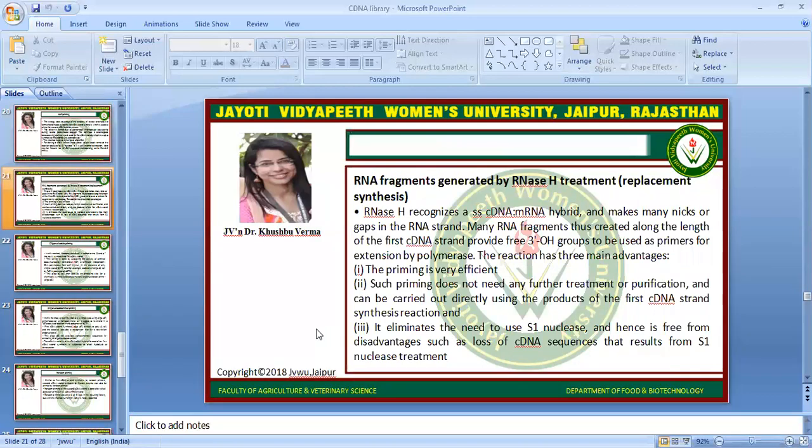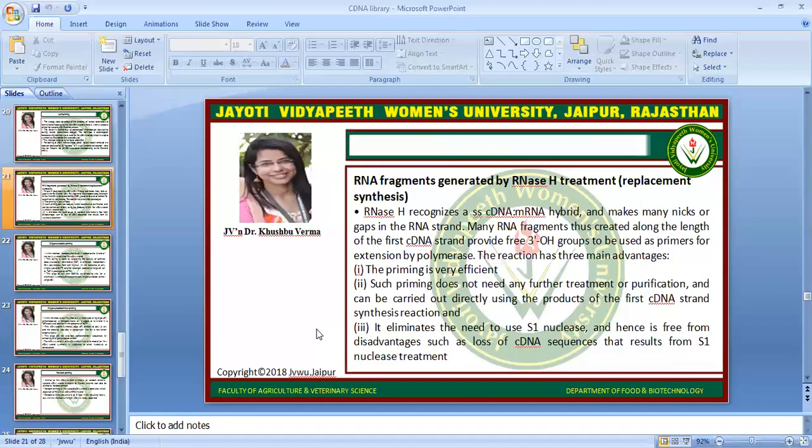Now we will discuss the RNA fragments generated by RNase treatment. So RNase H recognizes a single-stranded cDNA-messenger RNA hybrid and makes many nicks at gaps in the RNA strand. Many RNA fragments thus created along the length of the first cDNA strand provide free 3'-OH groups to be used as primers for extension by polymerase.